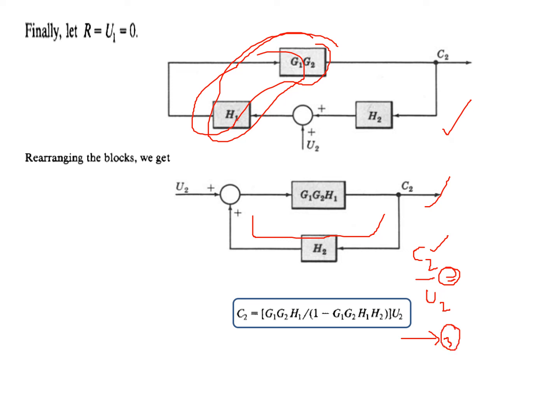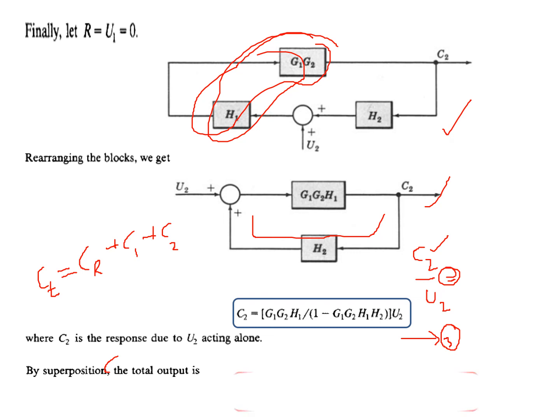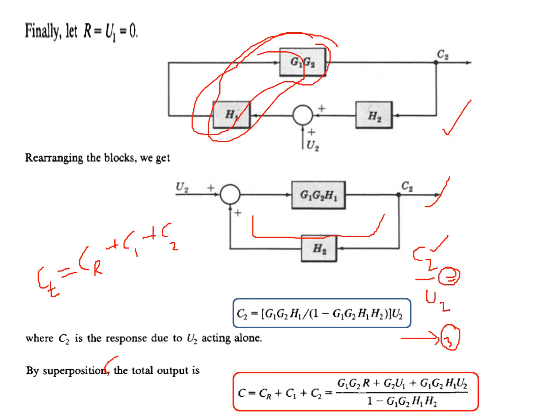After finding the 3 outputs, by using the superposition theorem, the total output C is equal to CR, the output due to the input R, plus C1, the output due to the input U1, plus C2, the output due to the input U2.